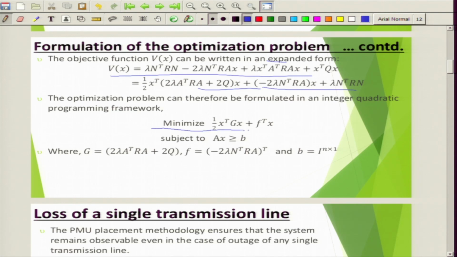So the objective function is to minimize, where you can see g and f are all constants, subject to some constraint, AX is greater than or equal to b, that means there should be minimum observability. So what is the minimization here? The objective is to reduce the cost, subject to a constraint of minimum observability.